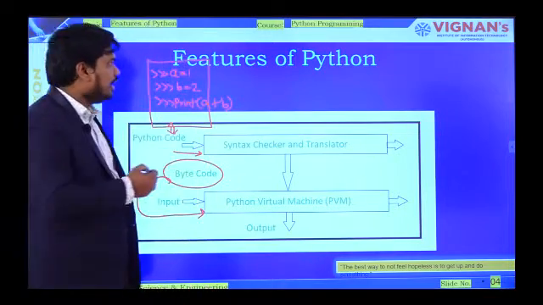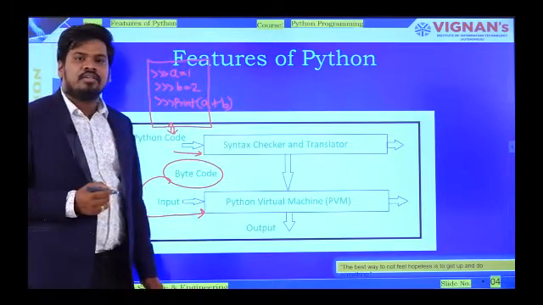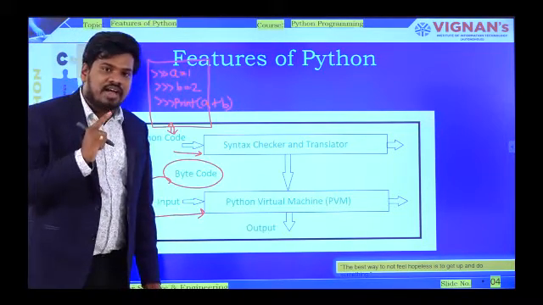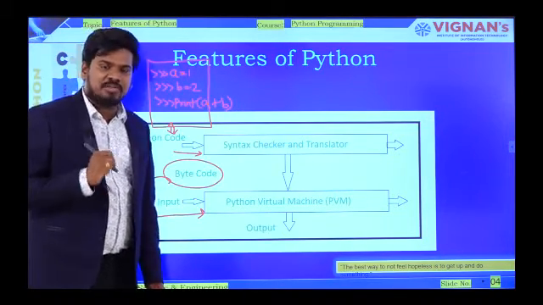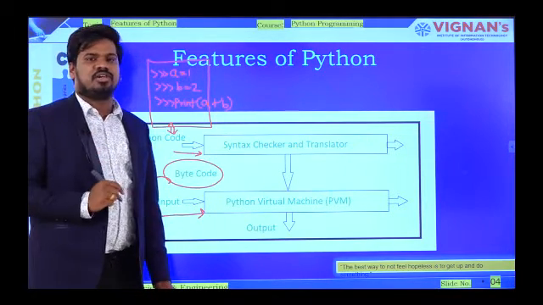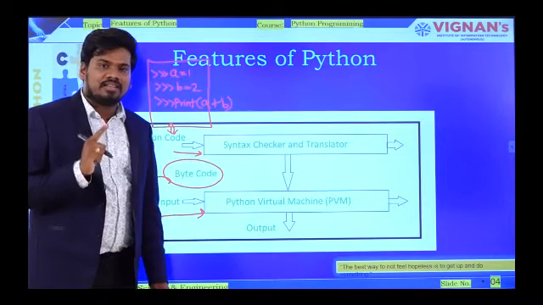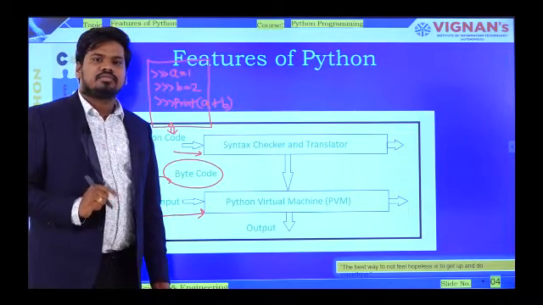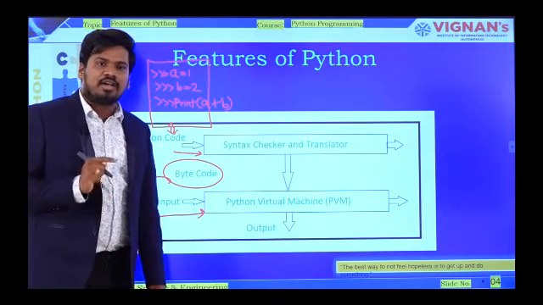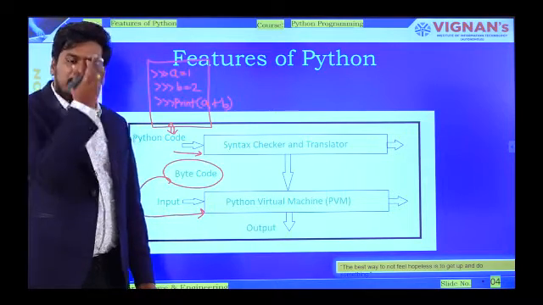So this is how a Python interpreter will work. And one more important point, Java has a Java virtual machine, and Python also has a Python virtual machine. That is why Python is called platform independent, but not platform dependent.